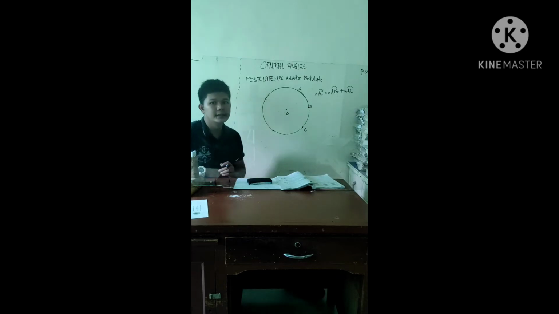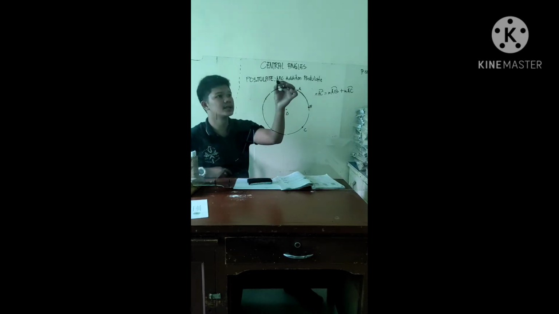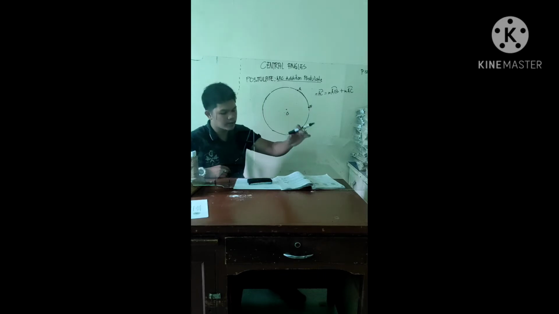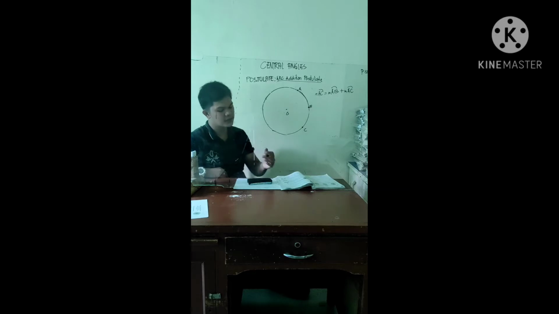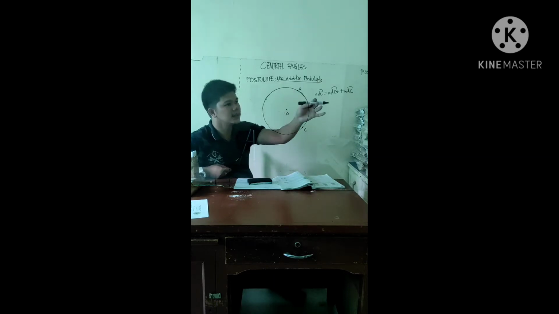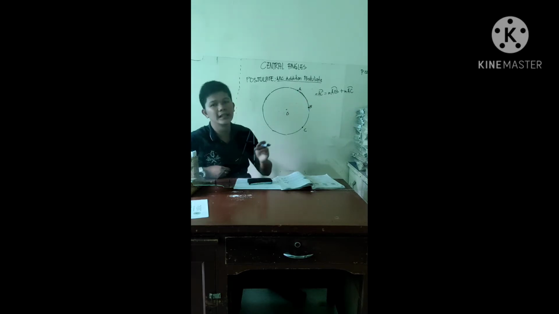Okay, so today we are going to discuss the postulate, arc addition postulate. Now, the arc addition postulate is the measure of your arc formed by two adjacent arcs is the sum of the measures of the two arcs. Okay? So, si arc addition postulate, siya yung measure ng dalawang arc na magkasunod, no? So, yung total niya, yan yung tinatawag natin na arc addition postulate.